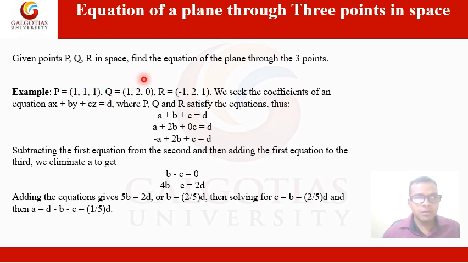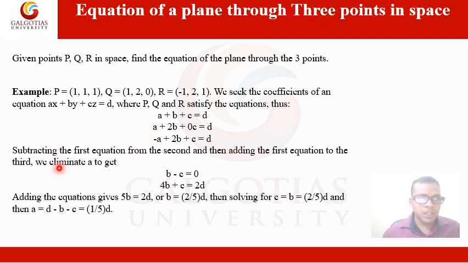In the same way, for point Q also, I can put the values of x, y and z respectively. So what are the results? a plus 2b plus 0 times c, because z is 0, equals d, and similarly for R, minus a plus 2b plus c equals d.